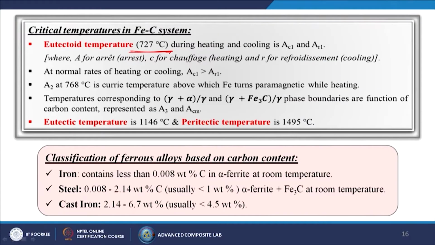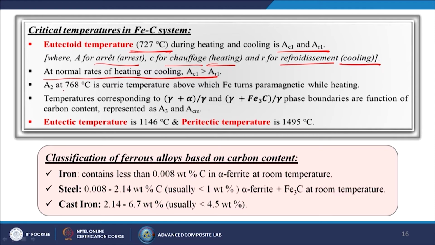Critical temperatures in the iron carbon system: the eutectoid temperature is generally 727 degrees centigrade during heating, and during cooling it is AC1 and AR1, where A is for arrest, C is for chauffe, meaning heating, and R is for refroidissement, meaning cooling. At normal rates of heating or cooling, AC1 is greater than or equal to AR1.